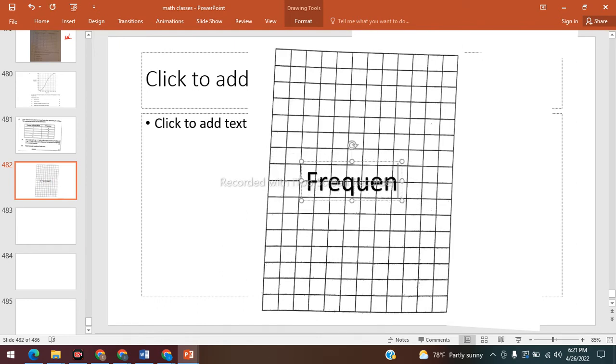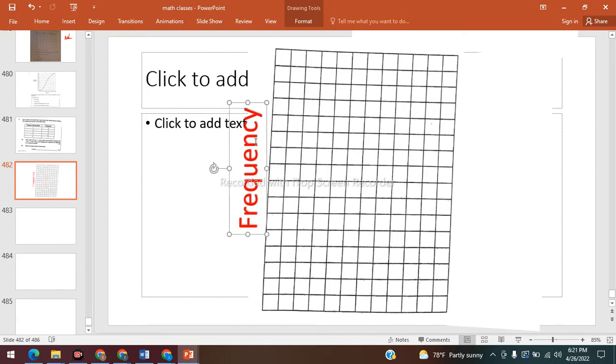That's what they want, so that goes on this side. Now on the bottom we need to make sure we have what goes at the bottom. The number of books read. So on the bottom is number of books read.